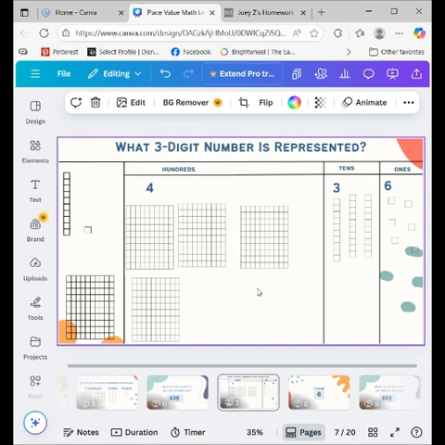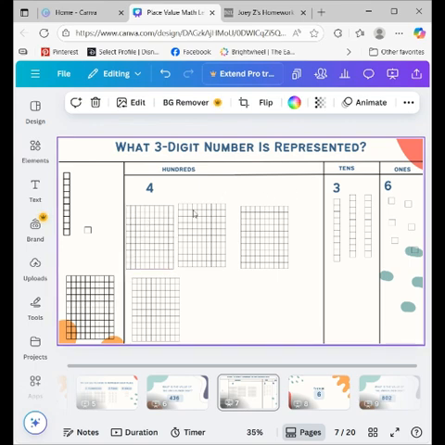So let's go and see which one has the correct value of our question. So if this is 400, you can count this by hundreds. So it's 100.